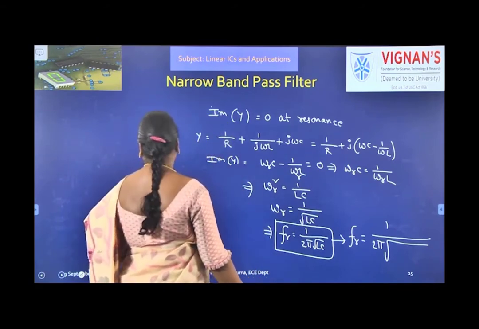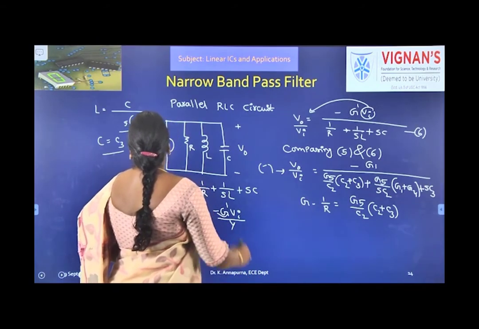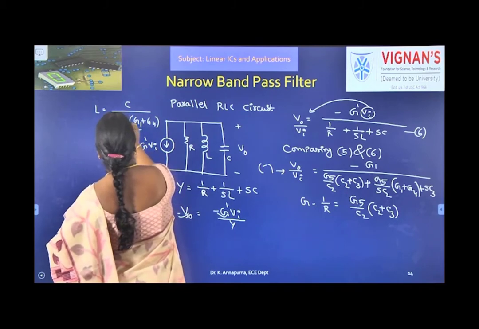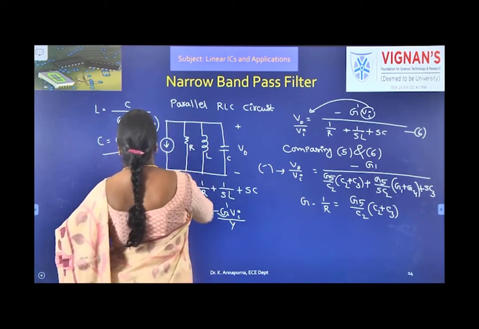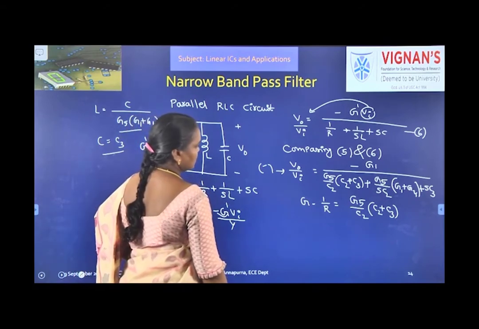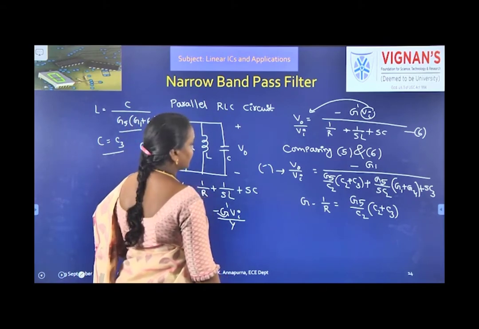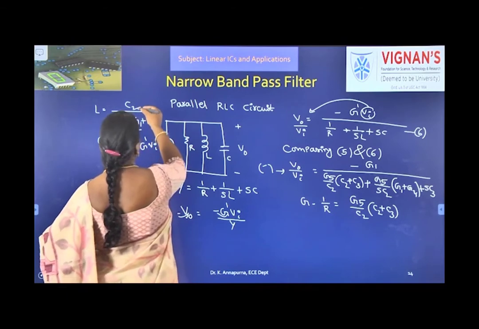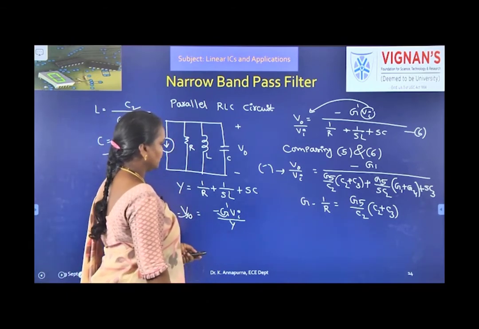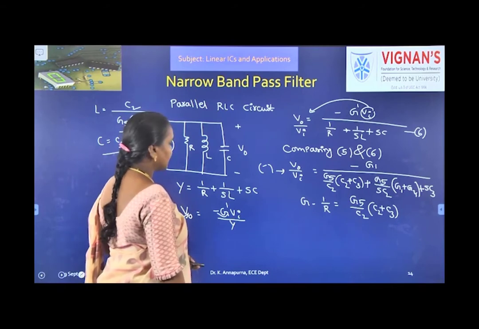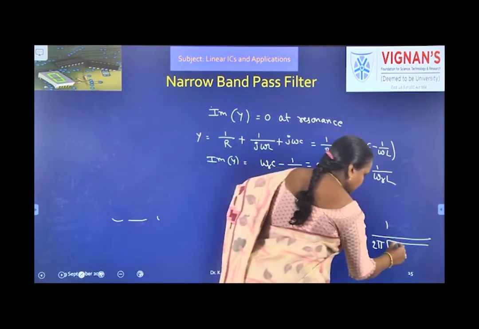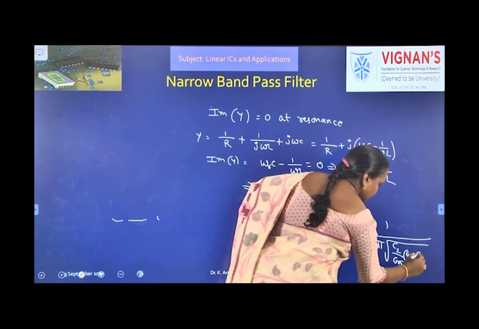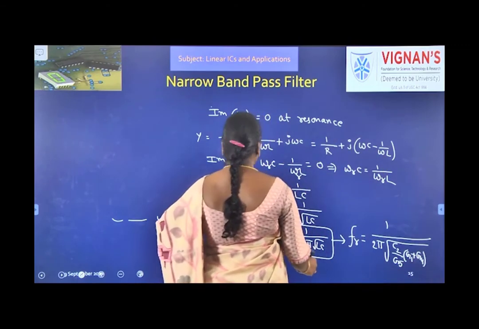Just now we have written, in the place of L you have to substitute C2 by G5 into G1 plus G4, and in the place of C it is C3, right?